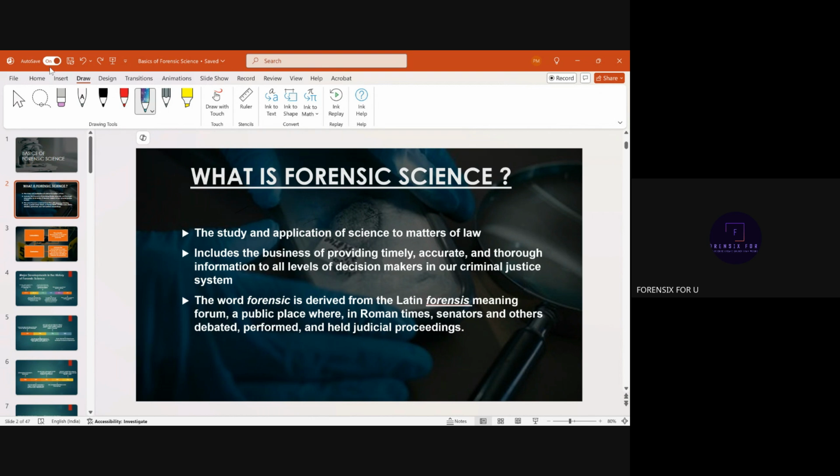Right? So the word forensic has basically been derived from the Latin word forensis, which actually just means an area which is a public place where the Roman judges or senators used to sit, debate, and hold judicial proceedings, right?